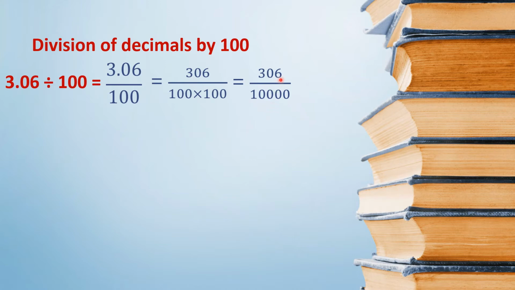Now we need to make a decimal number from this fraction, and it is very easy. I have already told you, count the zeros in the denominator: 1, 2, 3, 4. There are 4 zeros. That's why we will put the decimal after 4 digits. It means our answer is 0.0306. So what is the conclusion?